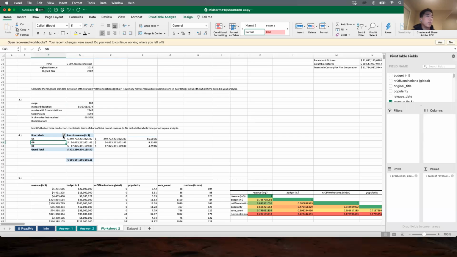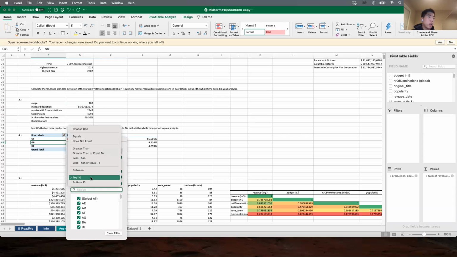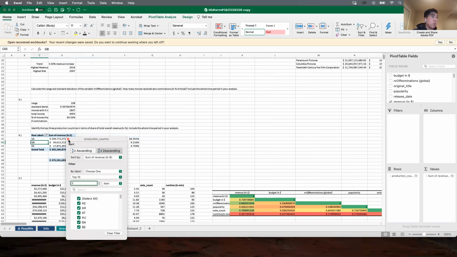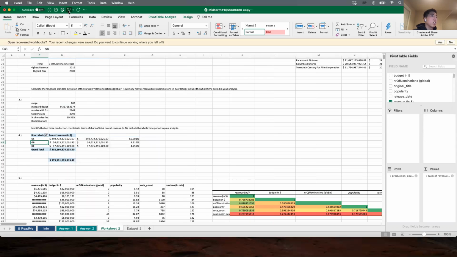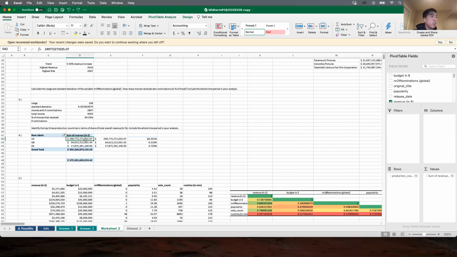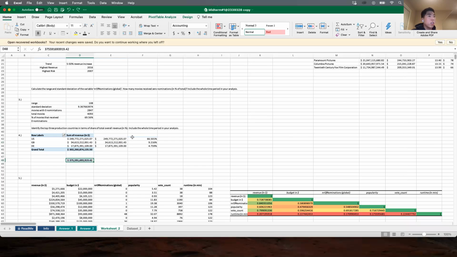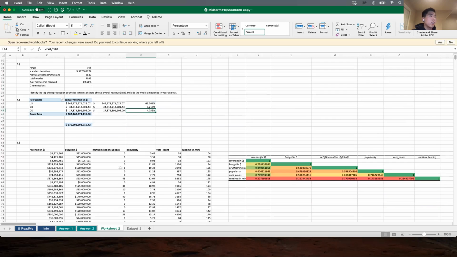But then I did the same trick I did earlier, which is a top 10, and I pressed 3 to show the top 3 production companies. So this is the sum of revenue that it came out to. And to find the percentage, we cannot use this total, we have to use the original total. The numbers came out to be 66% for the United States, 9% for the United Kingdom, and 4% for Germany, Deutschland.